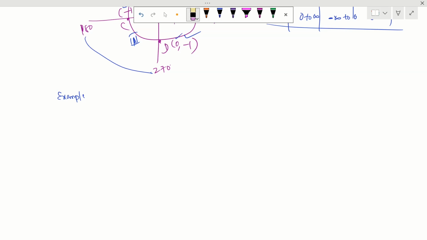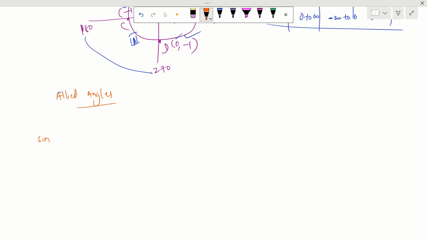Before coming to the examples, we'll discuss allied angles. Allied angles means what?